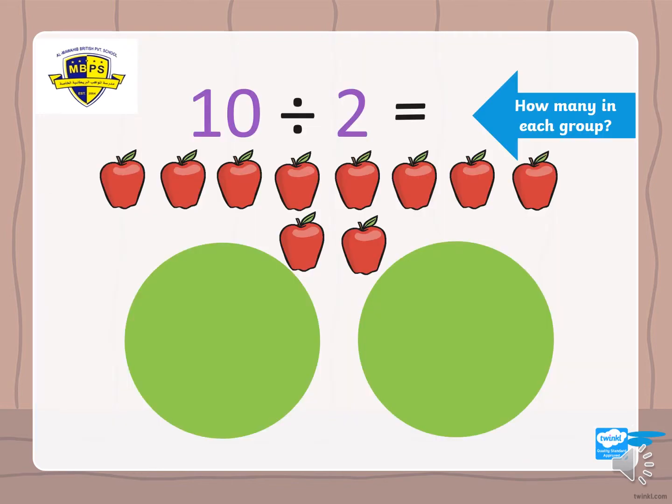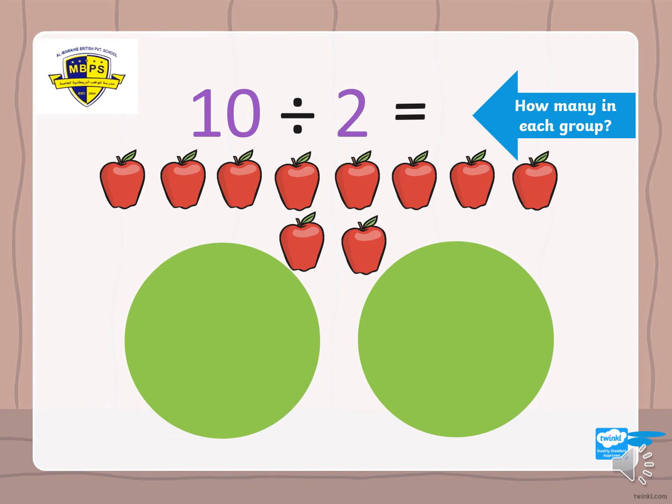Now, let's learn how to use the division sign. Look at this question. 10 divided by 2 equal what? And I point to the equal here with how many in each group, which means that the answer here will be how many in each group. So when I have 10 divided by 2, it means that I have to share the 10 between 2.